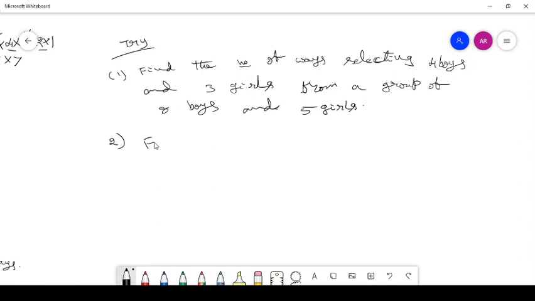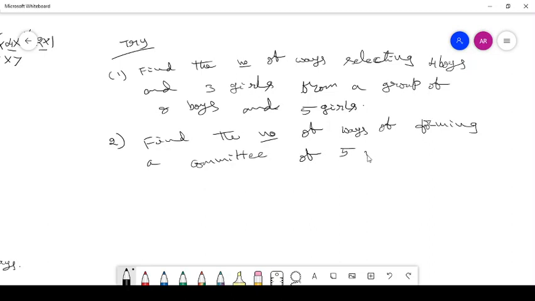Next one. Find the number of ways of forming a committee. Here we are forming a committee of 5 members from 6 men and 3 ladies.